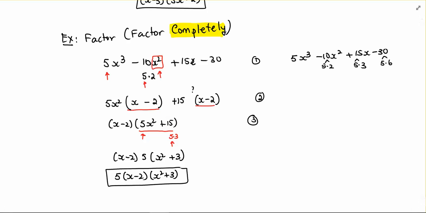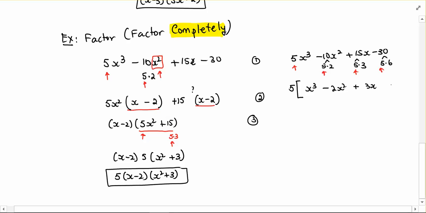So there is a 5 all the way through, and so I can take that 5 out, and I'm left with x cubed minus 2x squared plus 3x minus 6.